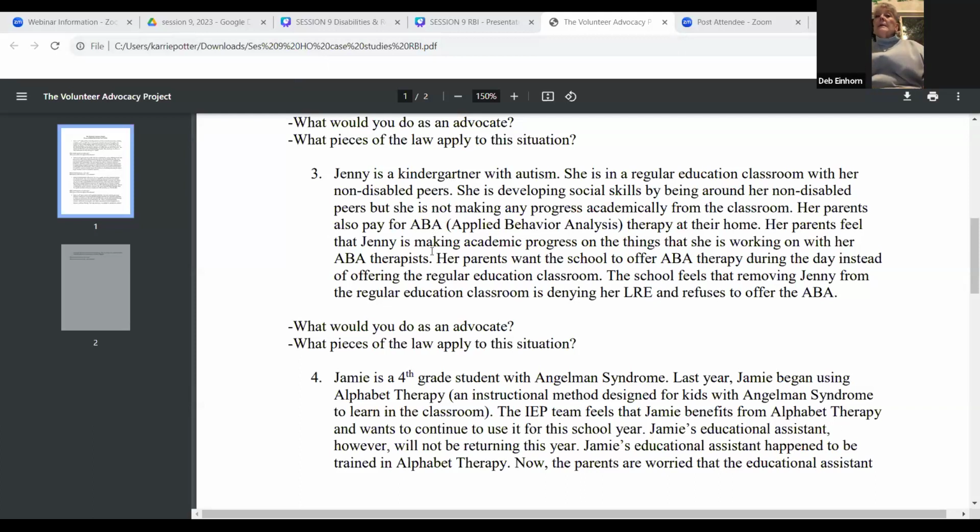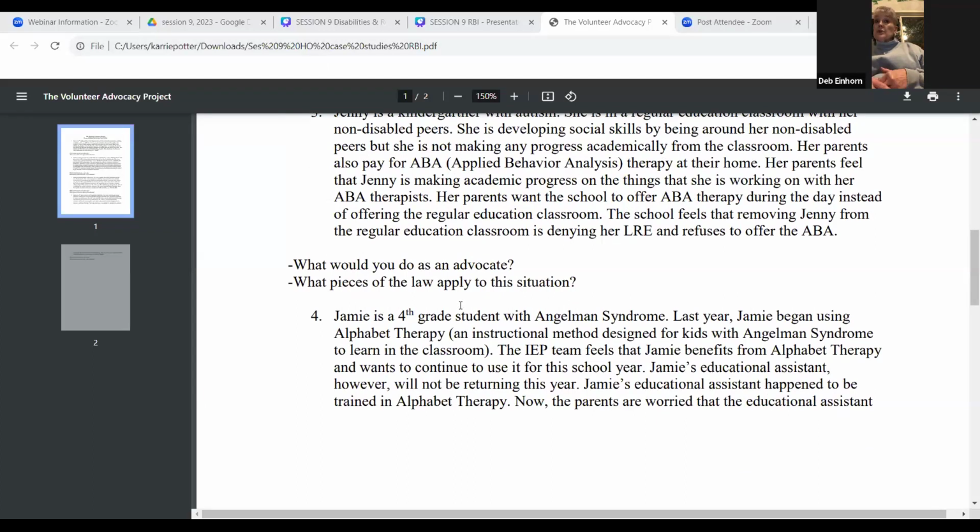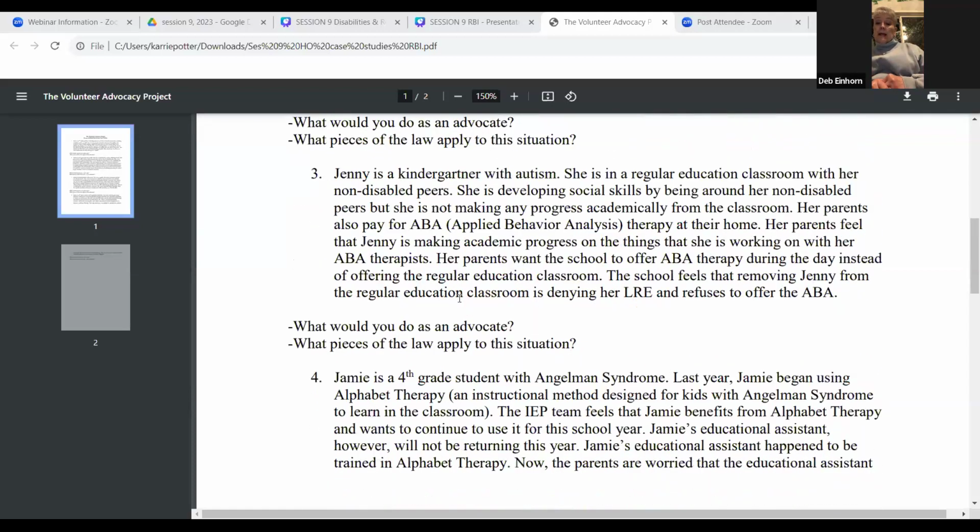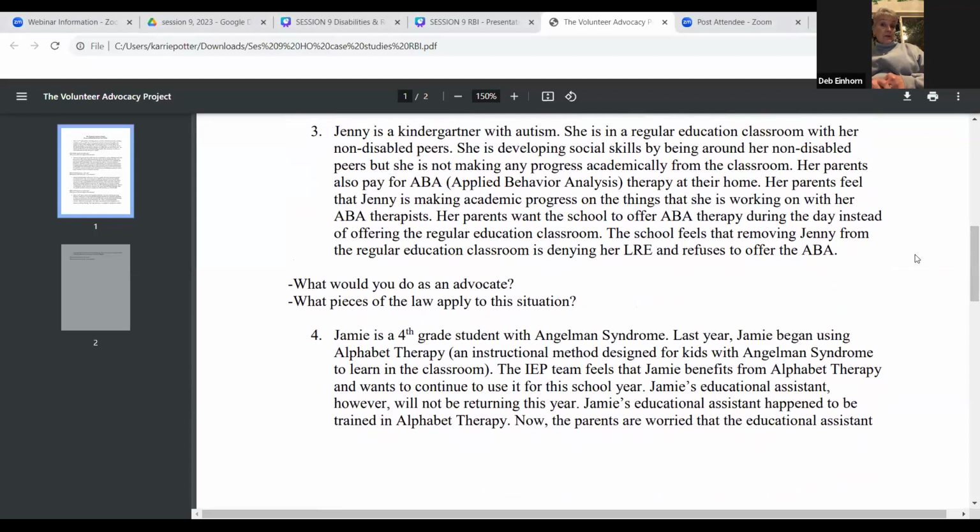Maybe there are components of ABA therapy that could be incorporated into the general education classroom, or we need to do a closer look at why she's not making academic progress. So again, maybe having an independent educational evaluation might benefit here, or just taking a closer look at what's going on academically might help the IEP team come up with some better solutions for better instructional services.